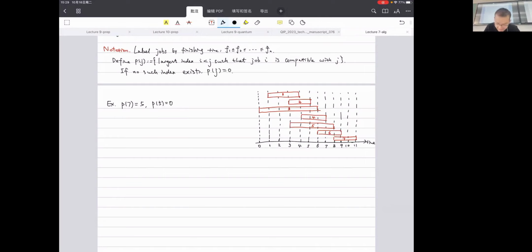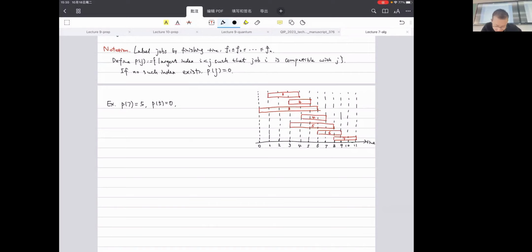Here P5 equals 0, because we are talking about indices smaller than 5, and unfortunately none of 1, 2, 3, 4 are compatible with job 5. This is just for safety of notation: if no such index exists, we use this notation.